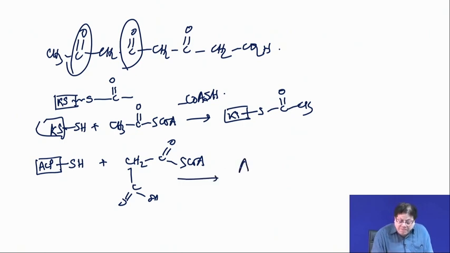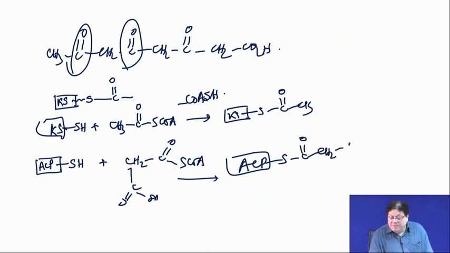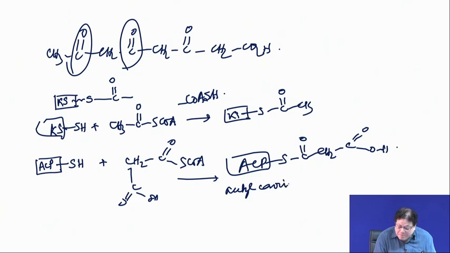So, then ACP S CO CH2, then CO2H. So, basically before the Claisen condensation takes place, first this has to happen. A ketosynthase enzyme holds the acetyl group and an ACP, acyl carrier protein, holds the malonyl group. Okay.